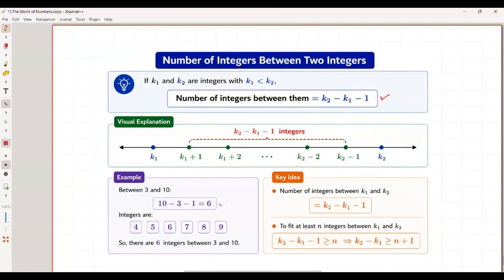Let us check how many numbers are in between. We should not include 3 and 10. The numbers are 4, 5, 6, 7, 8, 9. So there are 6 numbers. That's why, if you want to find the numbers between K1 and K2, we have K2 minus K1 minus 1 numbers. Hope you can understand this concept.